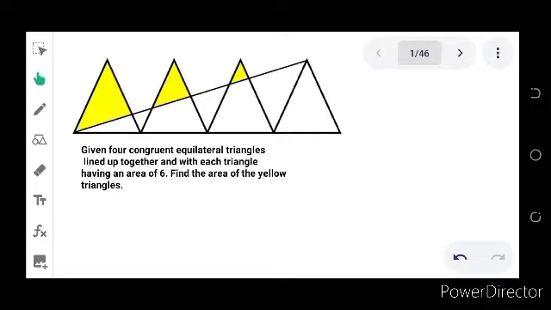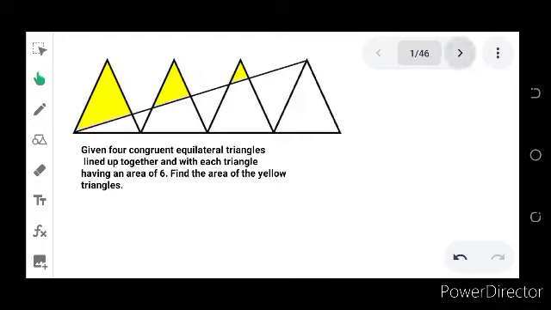So that means there should be one figure that will be used in order for us to compare the ratios of these three triangles because they are not joined together. So we need to join them or place them in one shape in order for us to establish a similarity ratio.